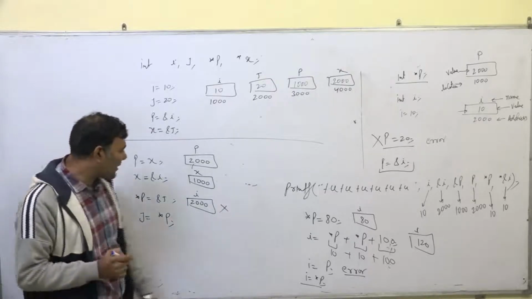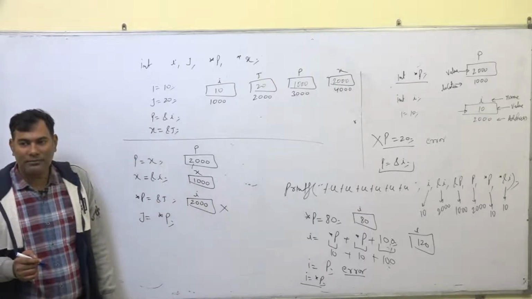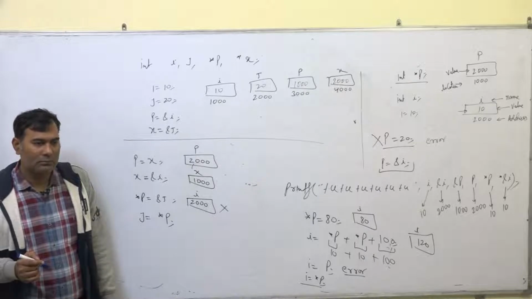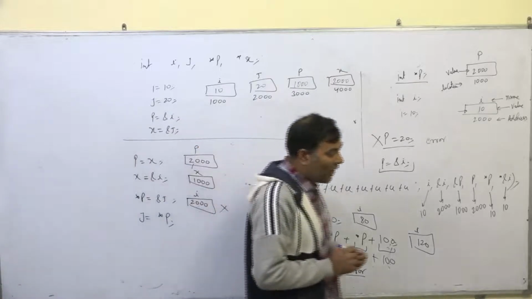Now J equal to pointer P. Correct or incorrect? J is a normal variable.